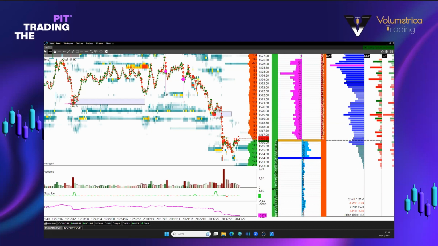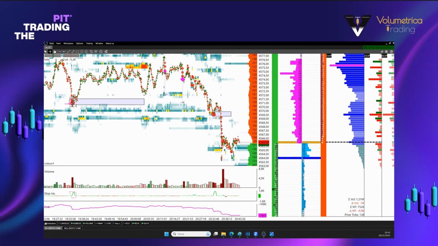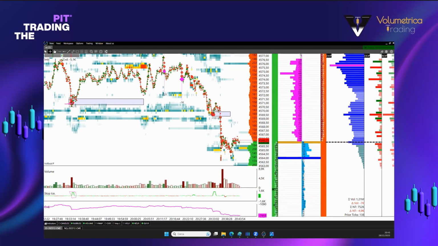Here somebody's buying. Are they buying because they want to enter a long position? Or are they exiting, maybe with a partial profit, a short position which they have previously taken? The harsh truth is we don't know, and probably we will never be able to know that.